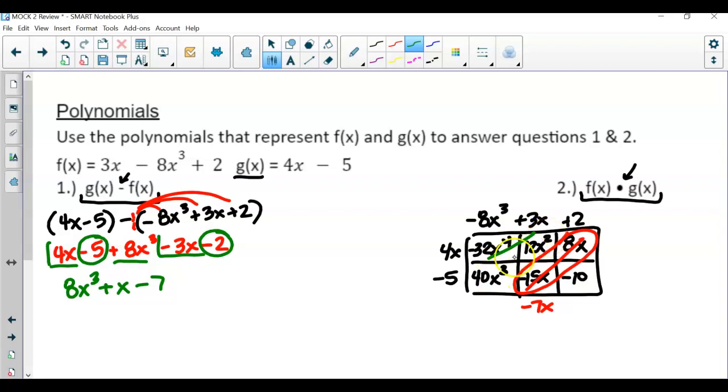So the final answer is negative 32x to the fourth plus 40x cubed plus 12x squared minus 7x minus 10. So notice that the x terms were the only like terms here that you could combine.